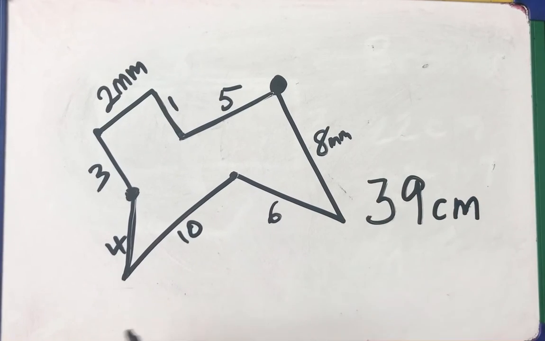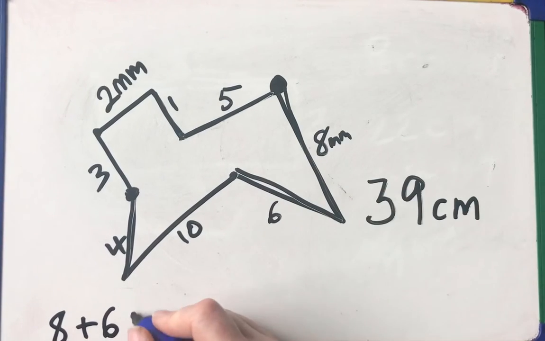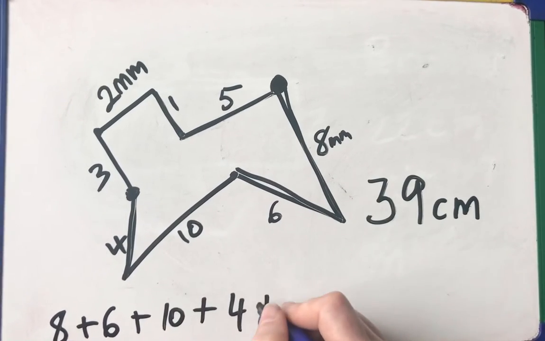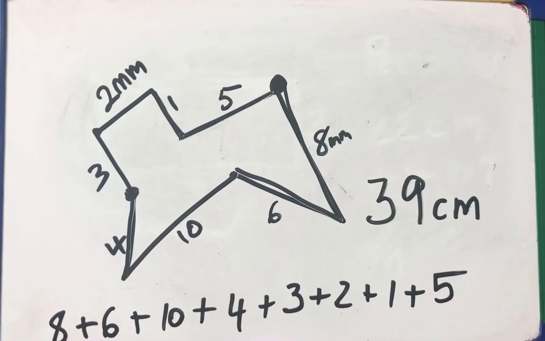And I got that because I said 8 plus 6, plus 10, plus 4, plus 3, plus 2, plus 1, plus 5. And there we have it.